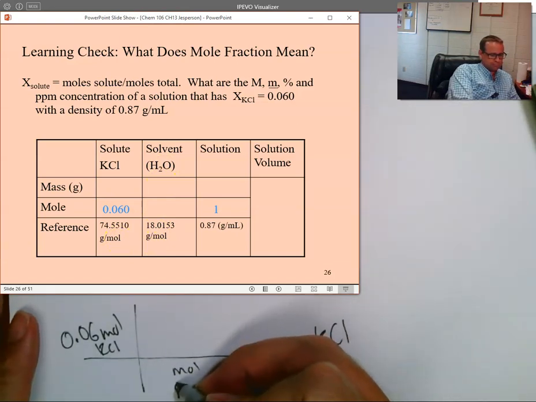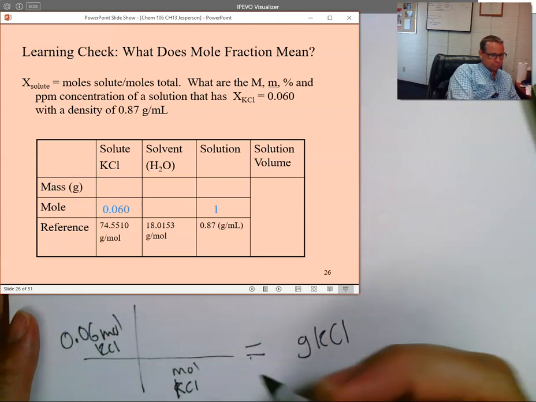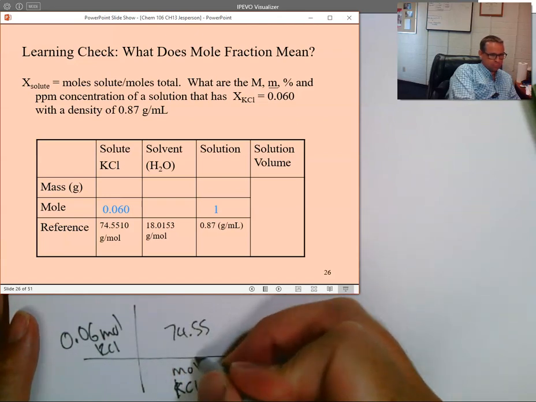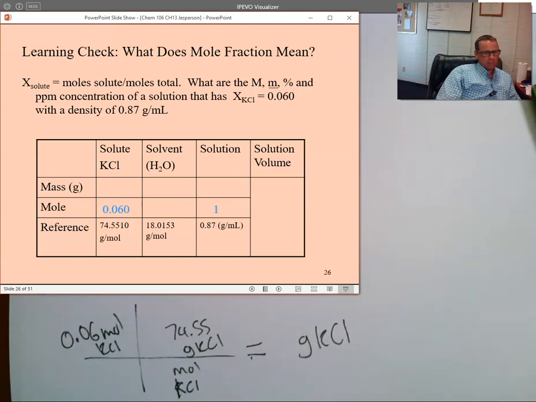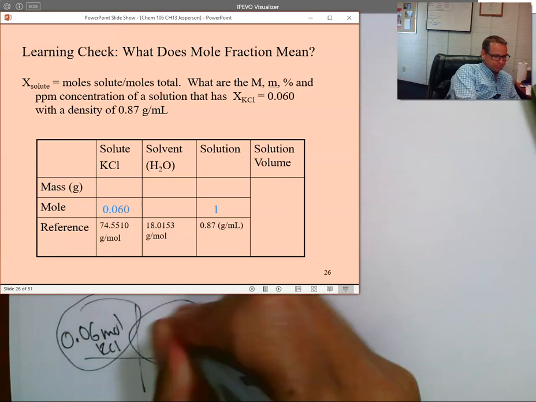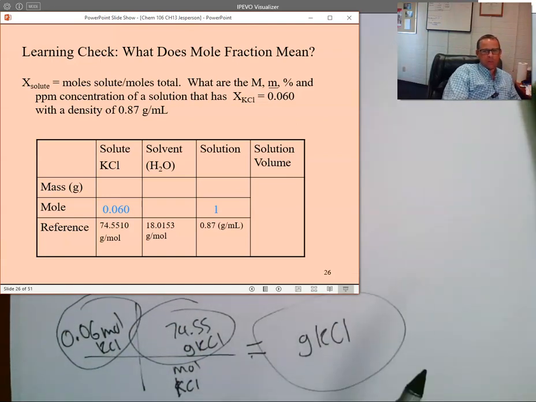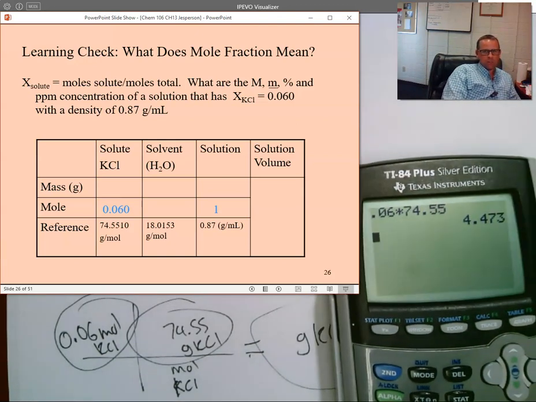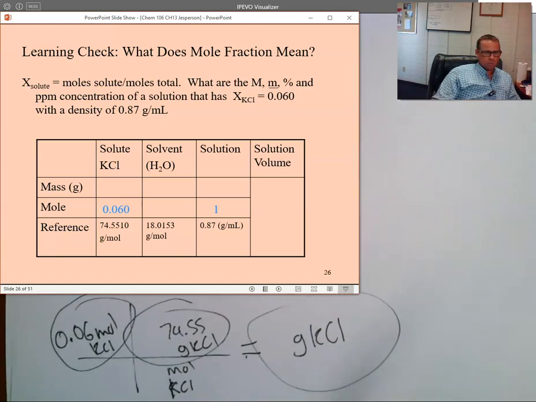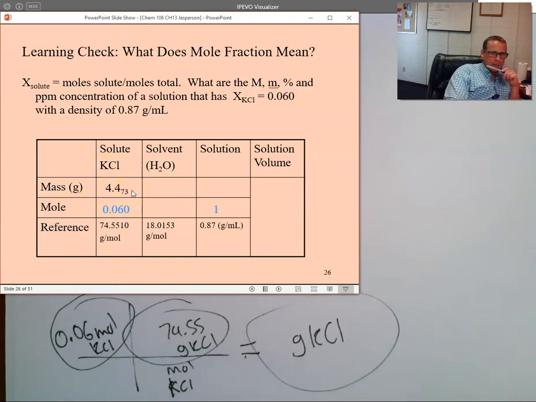For every 1 mole, we have 74.55 grams. So we have to multiply them. Correct. So 0.06 times 74.55 gives us 4.473, and that's grams of KCl. Right. Excellent. Very good.